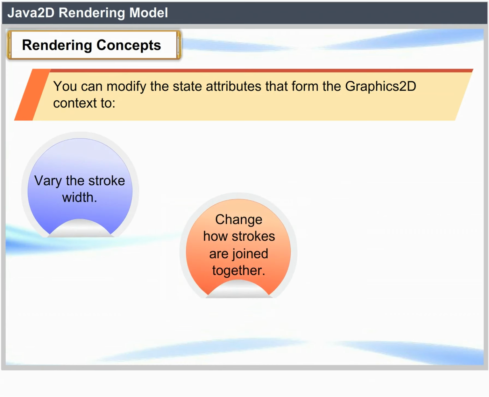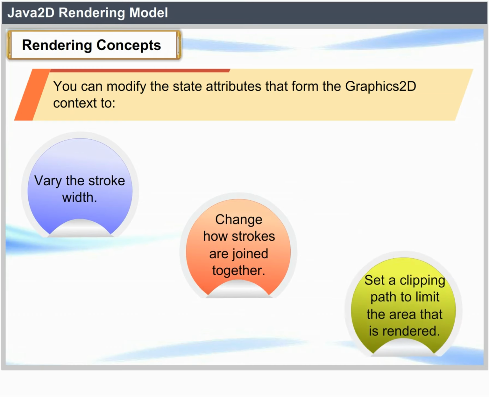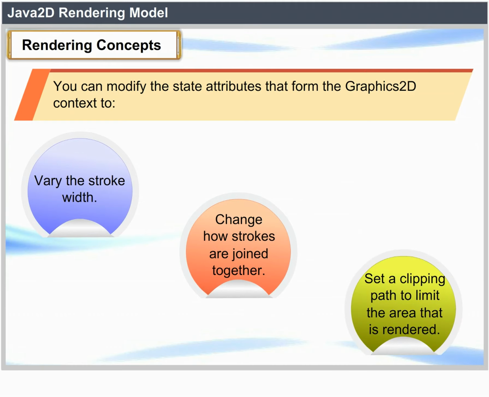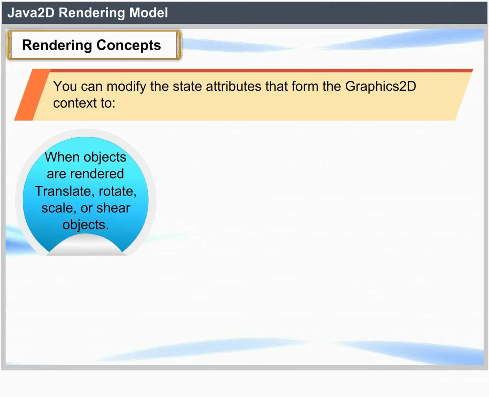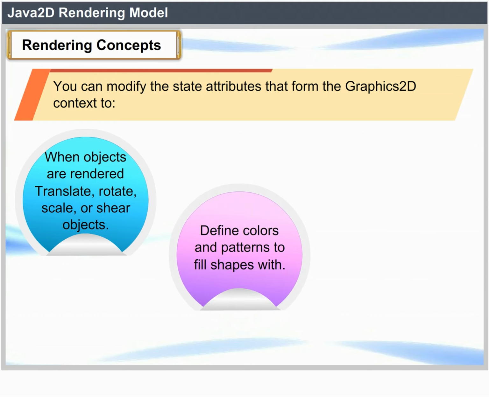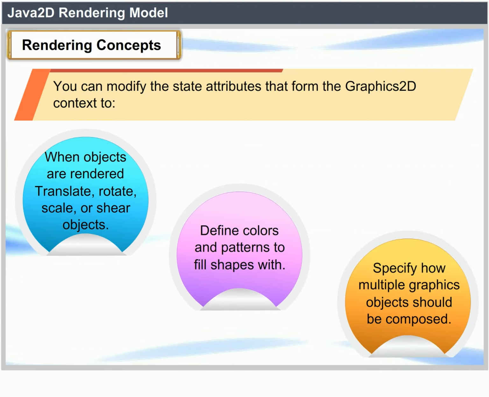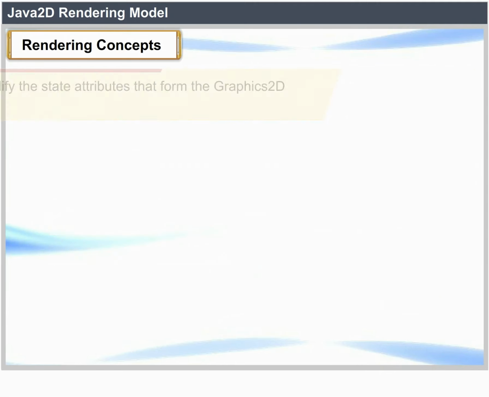Change how strokes are joined together. Set a clipping path to limit the area that is rendered. When objects are rendered, translate, rotate, scale, or shear them. Define colors and patterns to fill shapes with. Specify how multiple graphics objects should be composed.